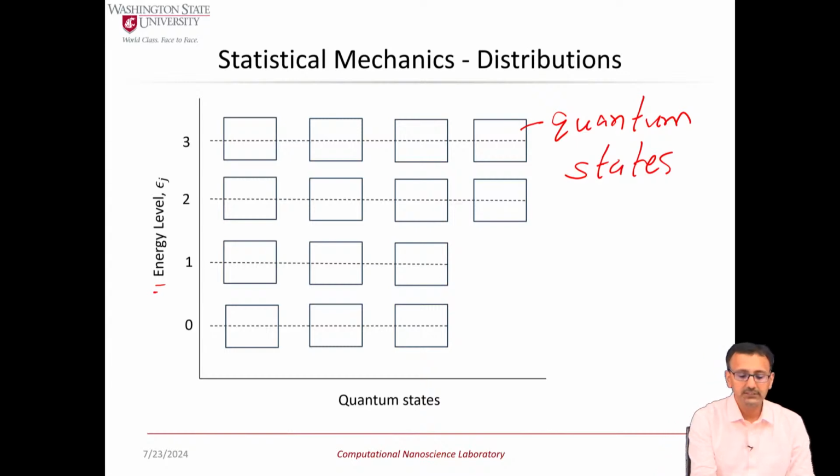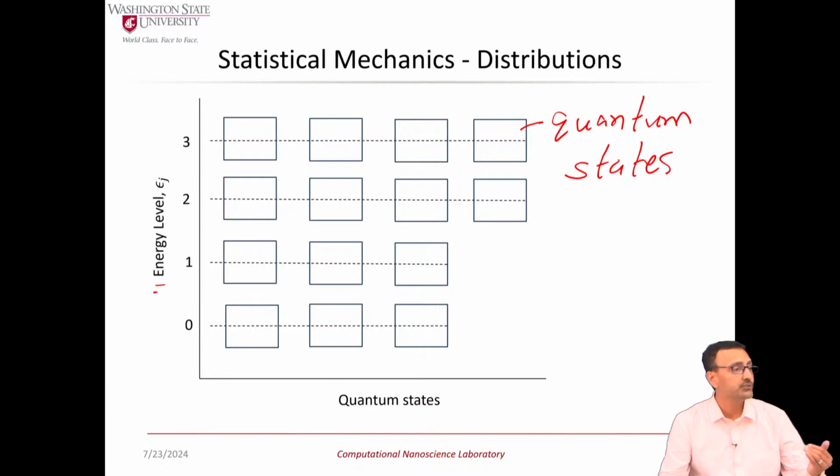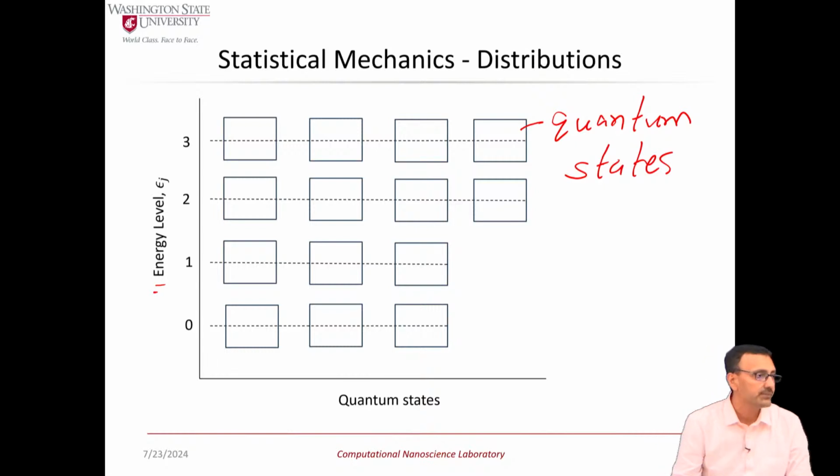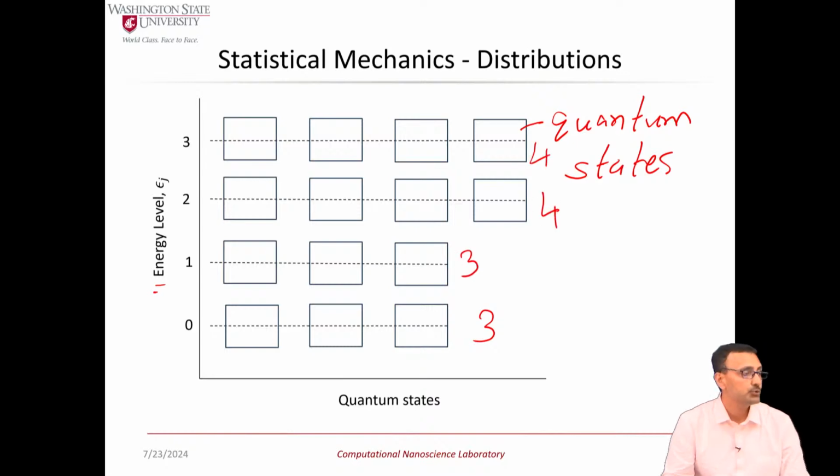So, you have, as you can see, 4 horizontal lines, each of which has a certain value of energy, arbitrarily named here as 0, 1, 2, 3, it does not have to be that. So, we have a certain number of quantum states per fixed value of energy. There are 3 different quantum states at energy level 0, 3 at energy level 1, and 4 each in this example at energy levels 2 and 3.